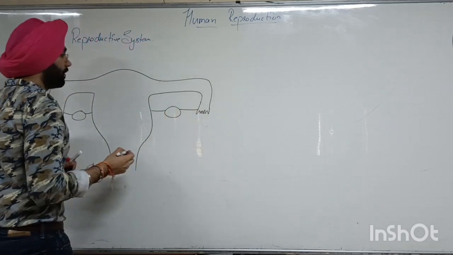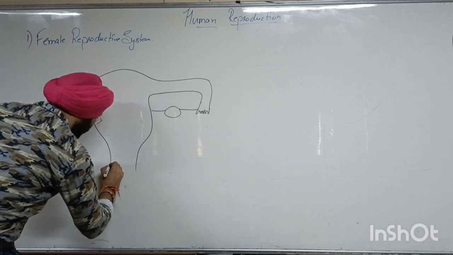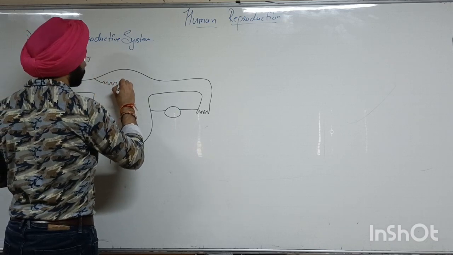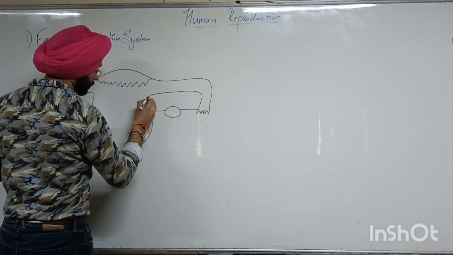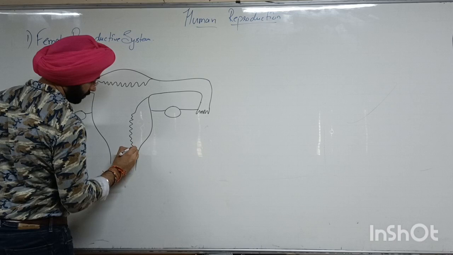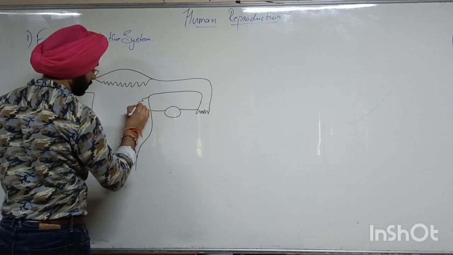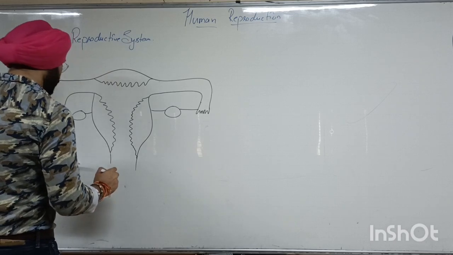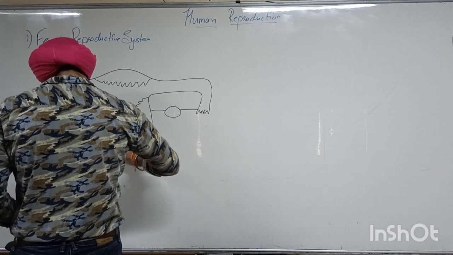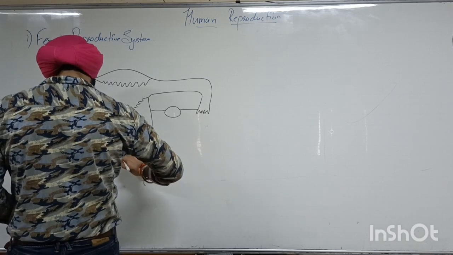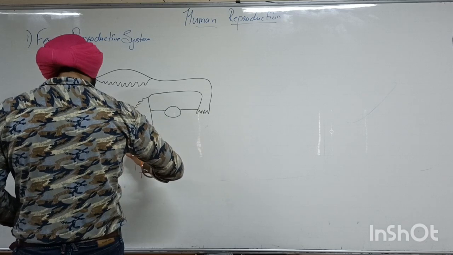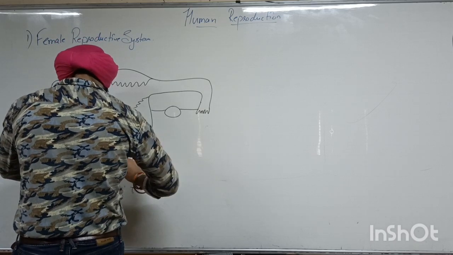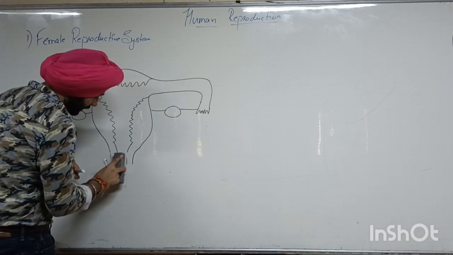This is the schematic diagram of the female reproductive system, and there are several parts like this.